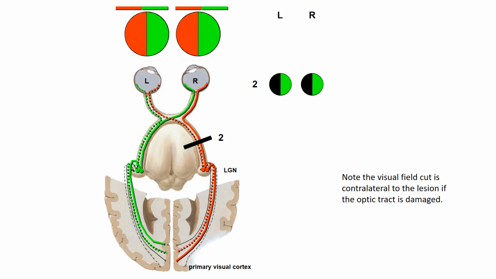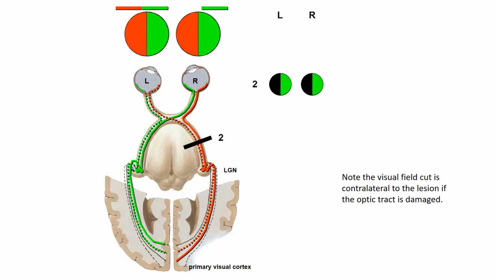What about damage to the optic tract? So number 2 there, what do you expect to see under those conditions? If you trace that out, what you end up expecting to see is what we call the homonymous hemianopia.